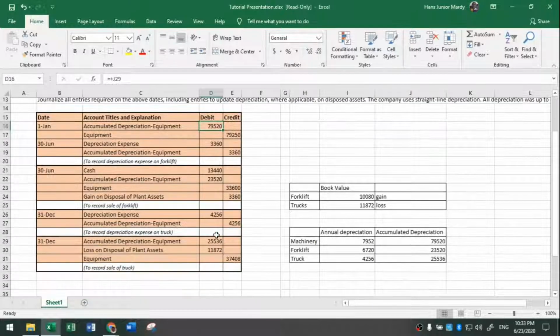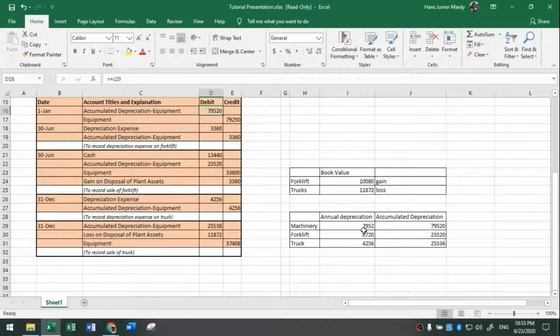I get it from the calculation that I had here. The annual depreciation formula is the cost minus the salvage value divided by the total useful years, which is 10 years. It gave me this annual depreciation.